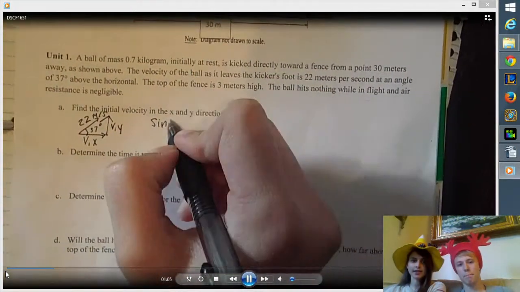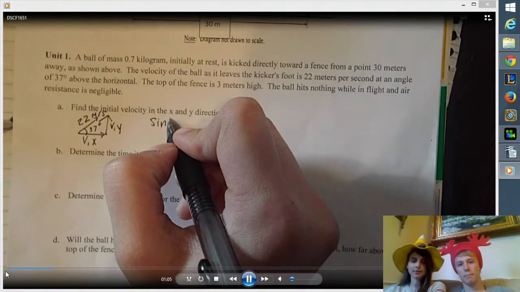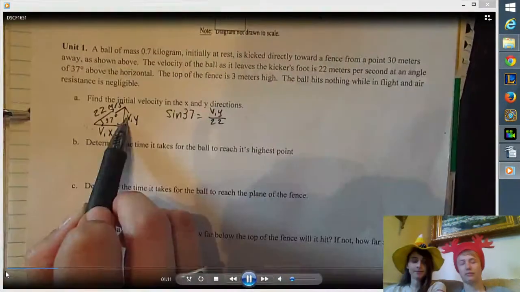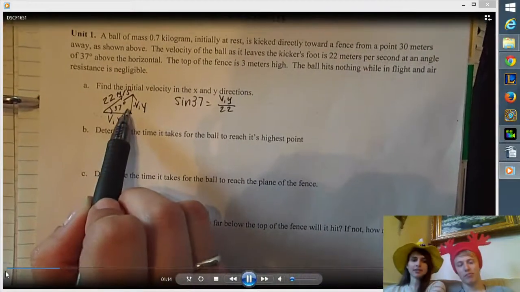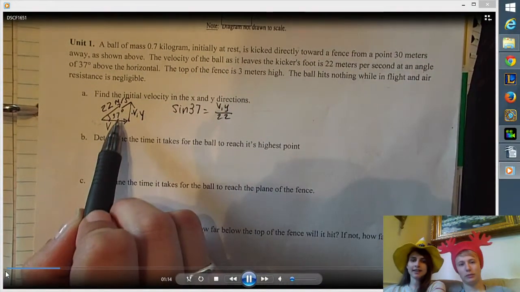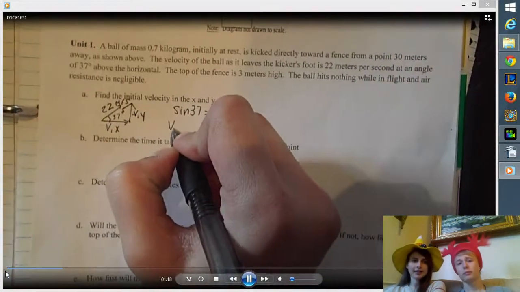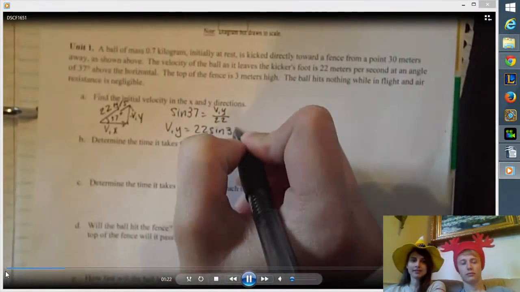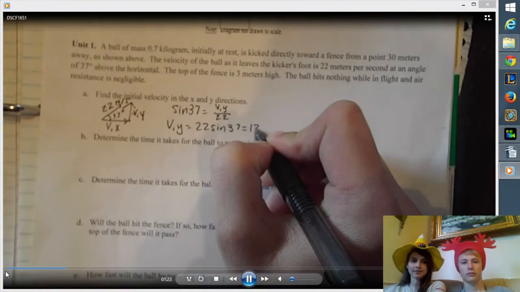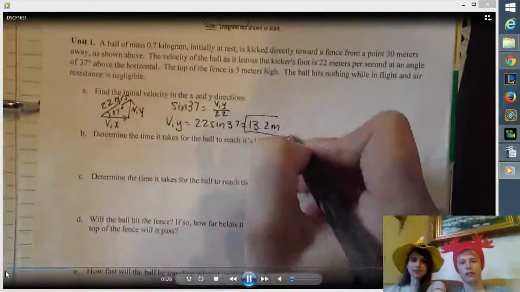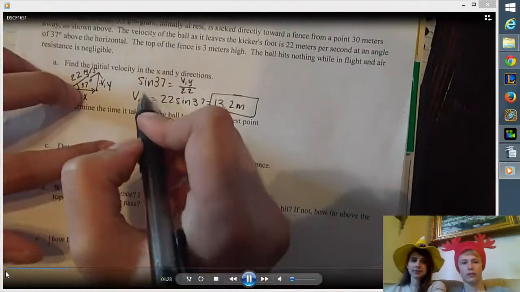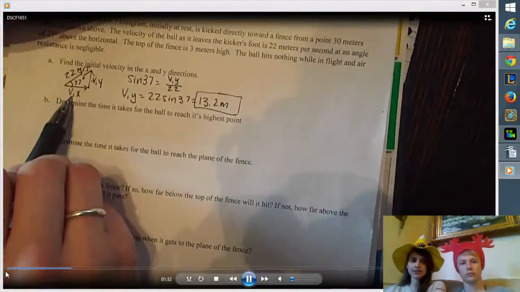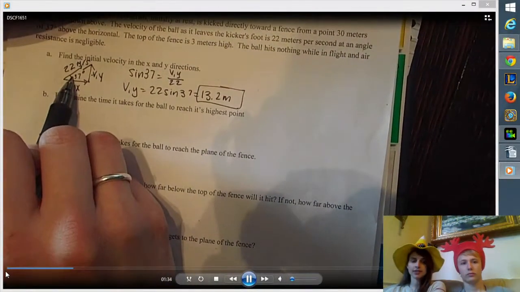So we're going to do the sine. Remember this trigonometry. Sine 37 equals V1y over 22. Remember that sine equals opposite over hypotenuse. And so V1y equals 22 sine 37, and that's 13.2 meters per second.